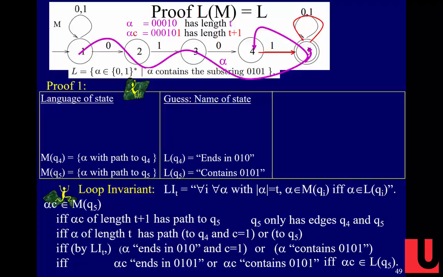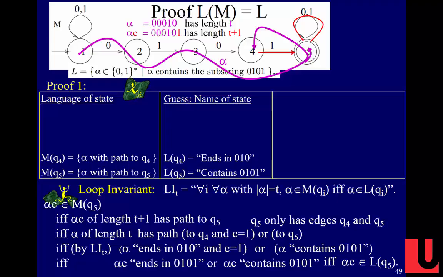Now, you might be saying, given a state, it has one edge leaving on 0 and one leaving on 1, right? But that's kind of not what we're doing here. This part of the proof says what's coming in. And there could be a number of edges coming in on 1 and a number coming in on 0.